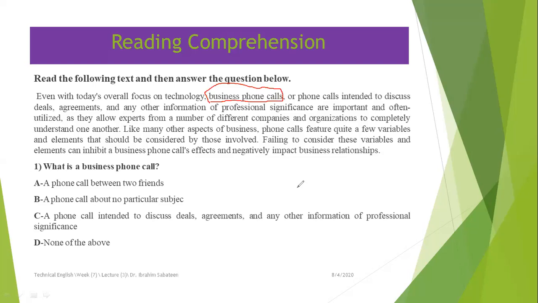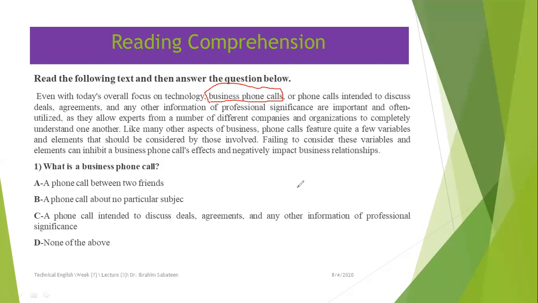Failing to consider these variables and elements can inhibit a business phone call's effects and negatively impact business relationships. So you have to keep in mind, it's not easy to make a business phone call. يعني مش من السهل إنه الإنسان يعمل شيء نسميه business phone call، مكالمة هاتفية خاصة بالعمل.